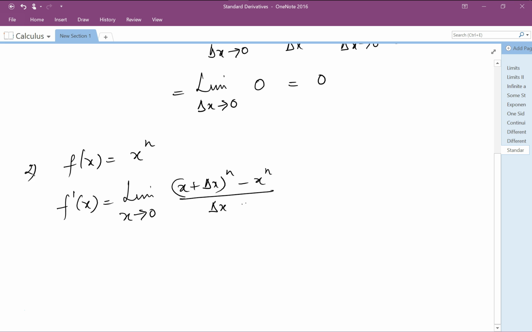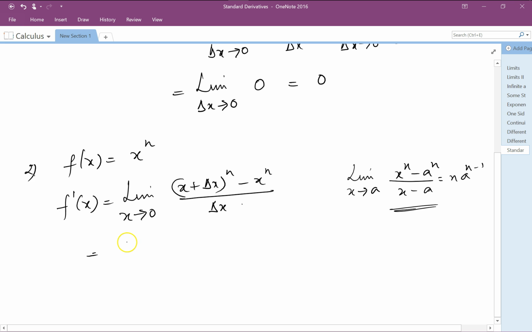Now if you look at standard limits, there is a standard limit: limit as x approaches a of x to the power of n minus a to the power of n by x minus a is equal to n a to the power of n minus 1. This is a standard limit. Now this numerator part is perfect. It matches. The denominator part, we have to make it match.